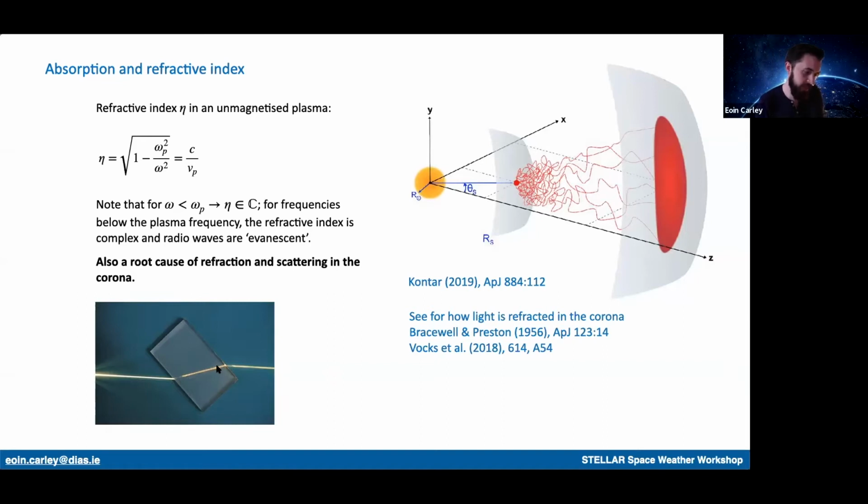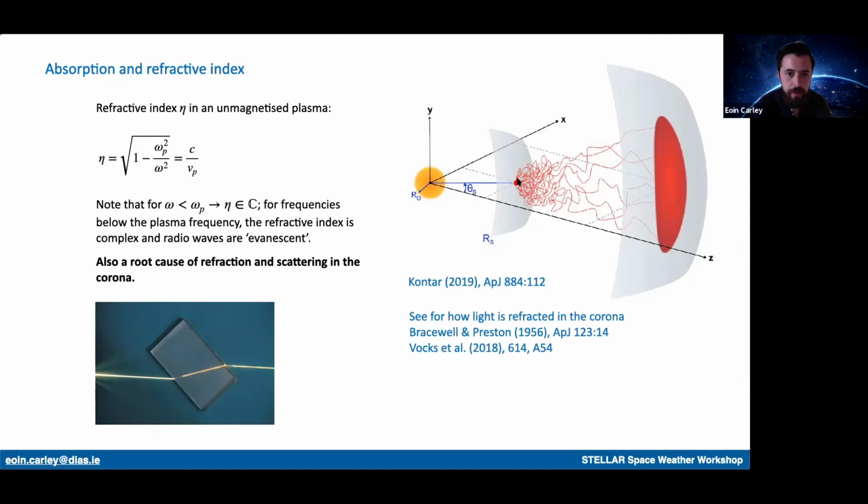This is kind of exactly the same mechanism given a non-unity refractive index for radio in the solar corona. Radio waves encounter blobs of plasma in the corona, and they undergo this effect. They refract and bounce, okay? It's pretty detailed and pretty complicated, and you can see the detail in this nice paper by Edward Kontar here.